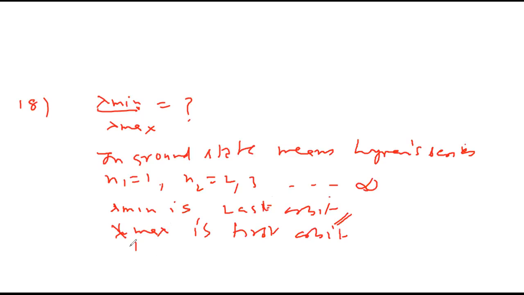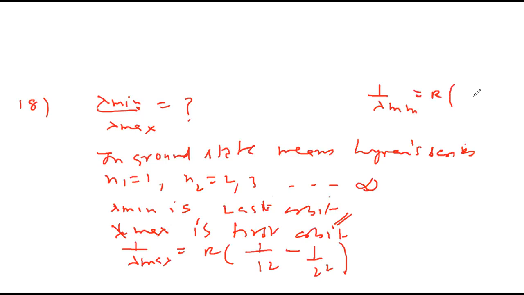So I can say 1 upon lambda maximum will be R into 1 upon 1 square minus 1 upon 2 square, because it is first orbit of Lyman series. And 1 upon lambda minimum will be R into 1 upon 1 square minus 1 upon infinity square.